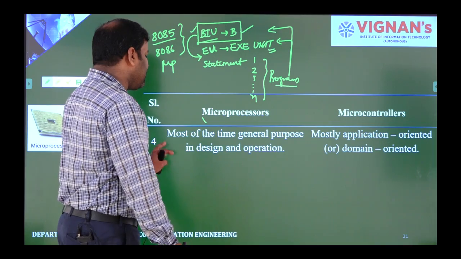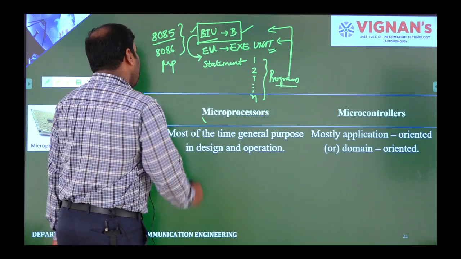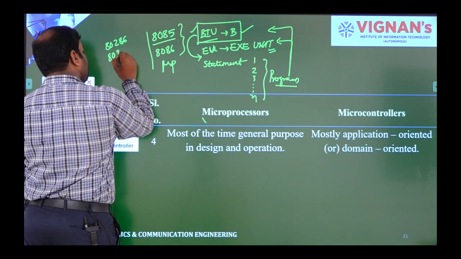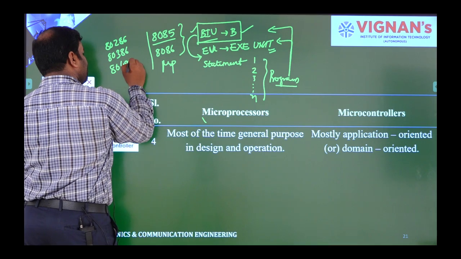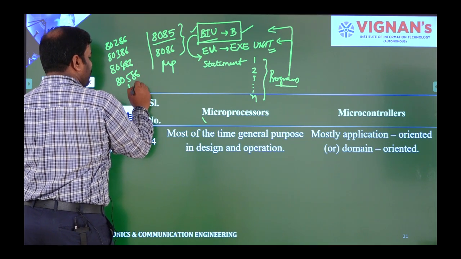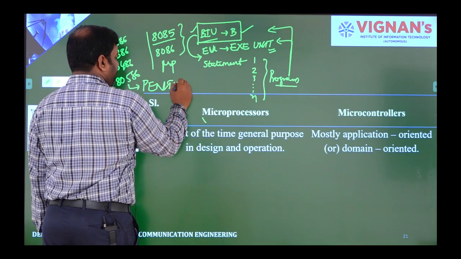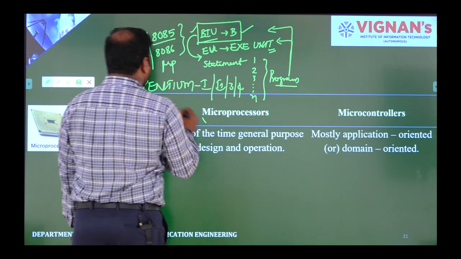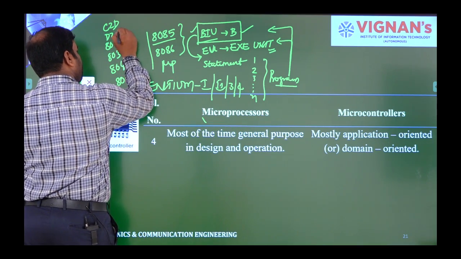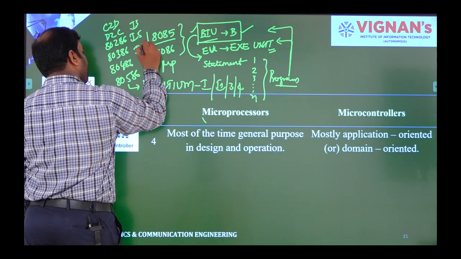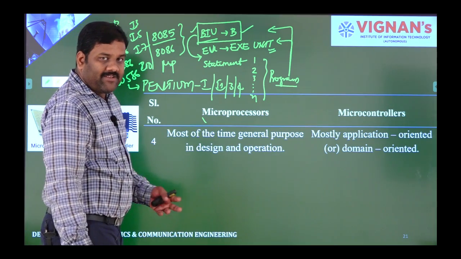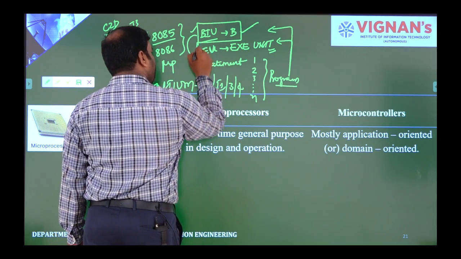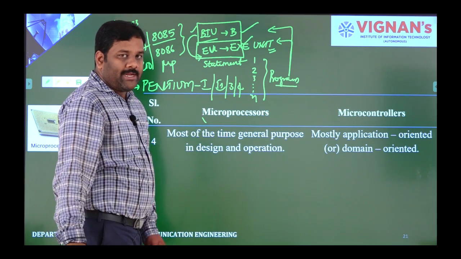So it's purely general purpose in design and operation, whichever microprocessor it may be: 8085, 8086, 80286, 80386, 80486, or 80586, which we used to call Pentium. Pentium 1, Pentium 2, 3, 4, or core 2 duo, dual core, or i3, i5, i7, or the latest i10 also. Whichever processor it may be, the internal architecture must consist of BIU and EU, bus interface unit and execution unit.